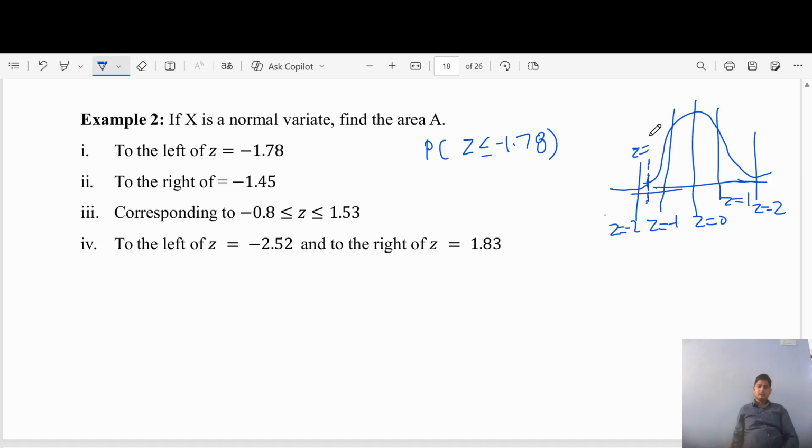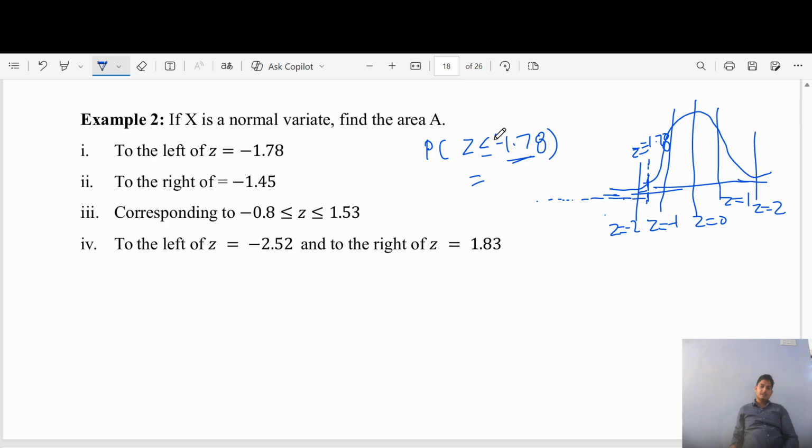Z is equal to -1.78. So the area less than. Okay, so the area less than means if we move to the left hand side, the area is lesser and lesser. So you just find the minus 1.78.